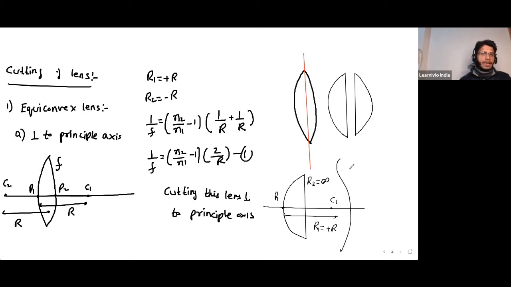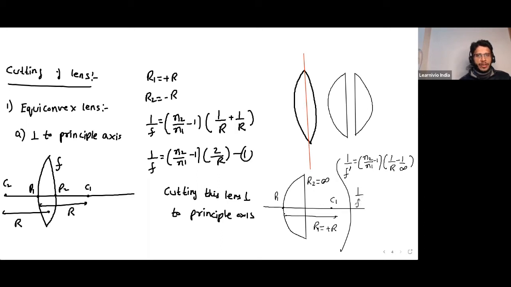Now, if I apply lens maker formula here, 1 by F, I call this as F prime. This was F, so I'm calling this F prime. It's N2 by N1 minus 1 into 1 by R1, which is 1 by R, minus 1 by R2, which is 1 by infinite.